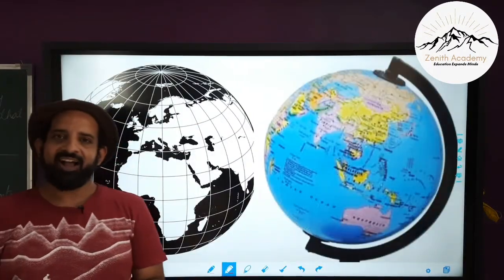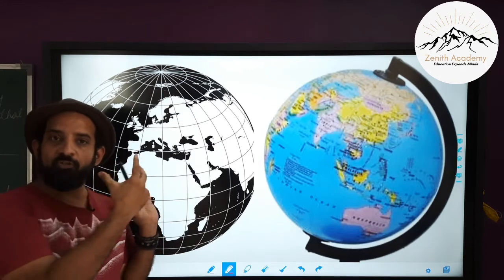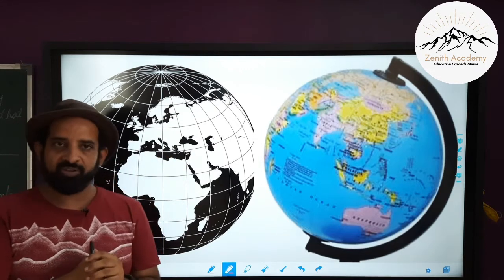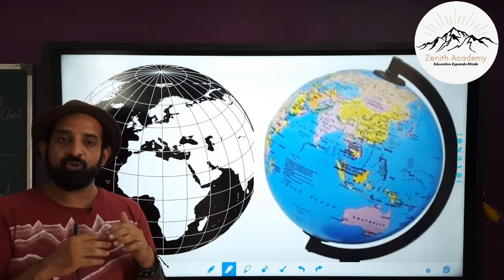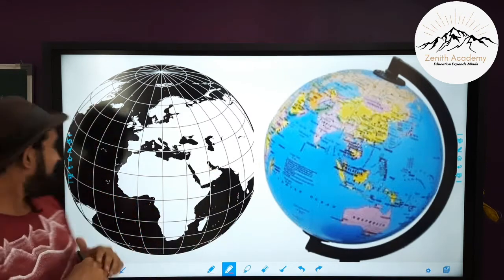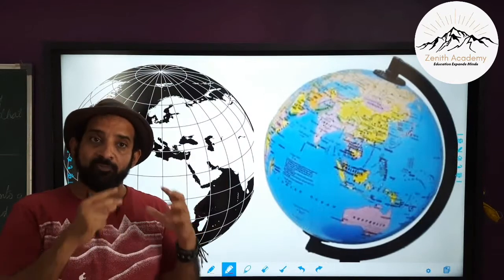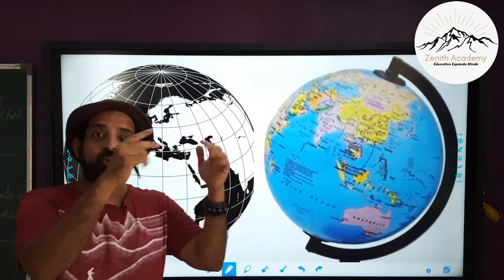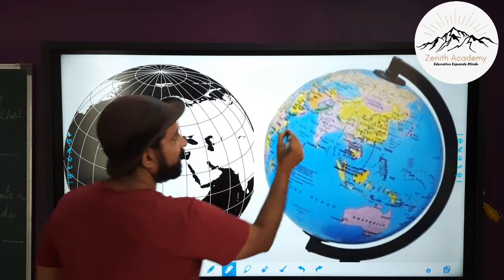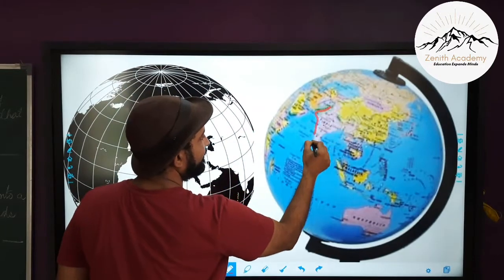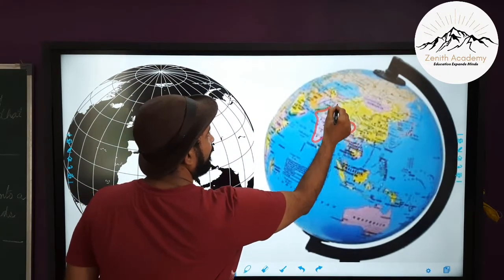So students, I have taken pictures of two different globes. One globe gives you an outline of the entire map, and the other globe gives you the outline of every country because it has shown the proper borders. If you look here, this is where India is on the globe.